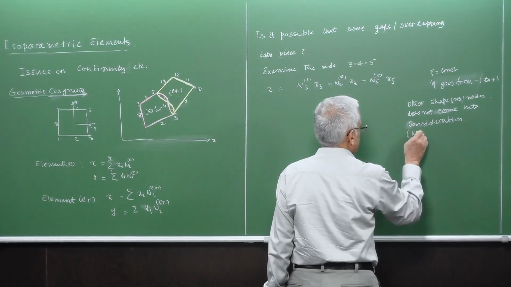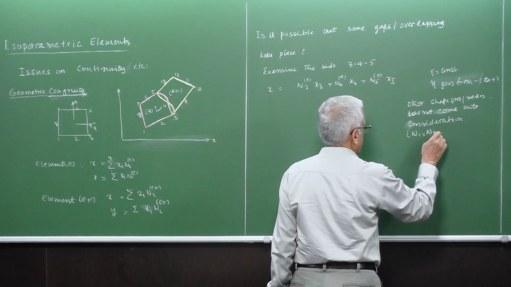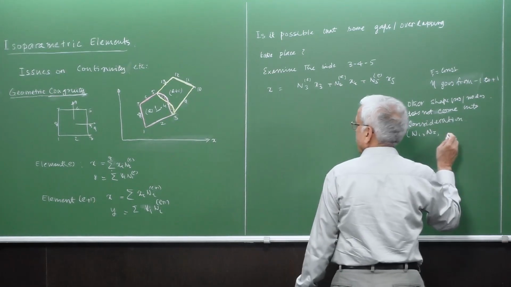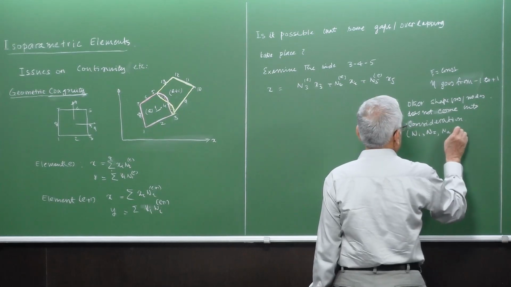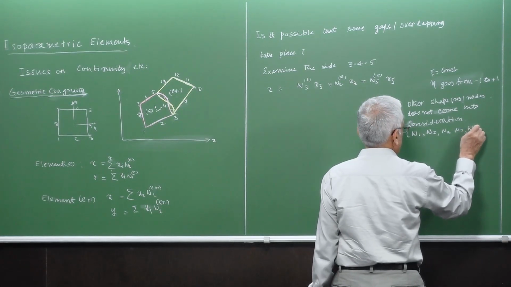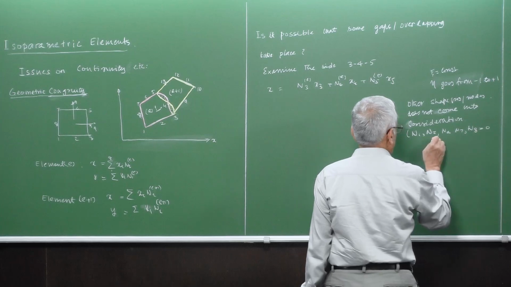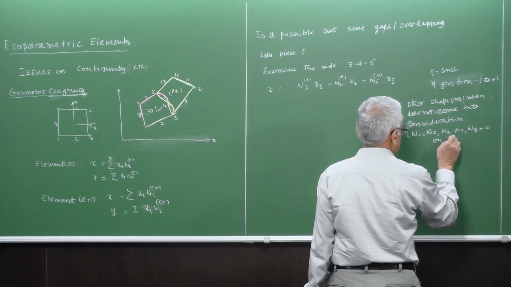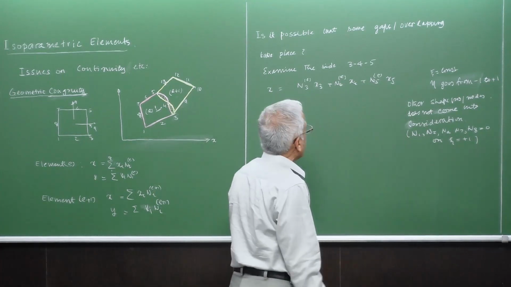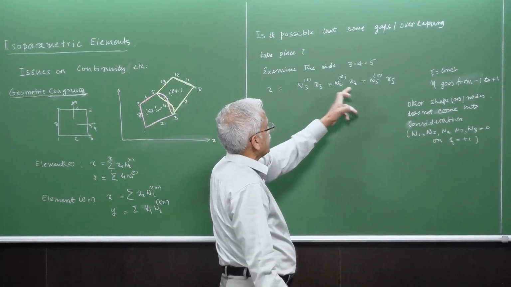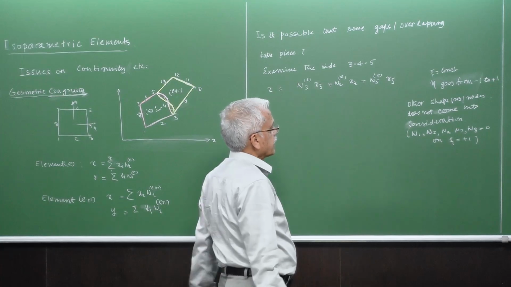Because they are 0 on xi equal to +1. So N1, N2, N6, N7 and N8 are 0 on xi equal to +1. And of course here also xi is constant and eta goes from -1 to +1.